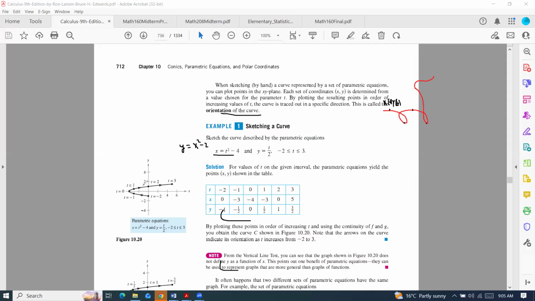Then you will recognize right away the graph of the function, which is a parabola that opens to the right.